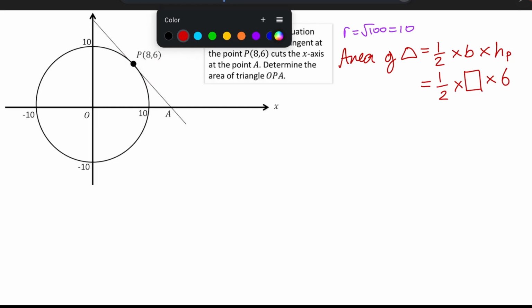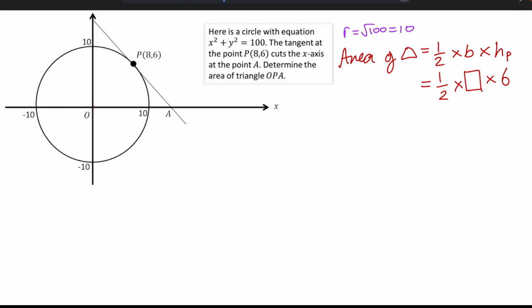So the gradient of this radius here, m with a small subscript r, means the gradient of the radius, is equal to change in y over change in x, which is equal to, so the y changing is 6 and the x is 8. So it's 6 over 8, which simplifies to 3 over 4.